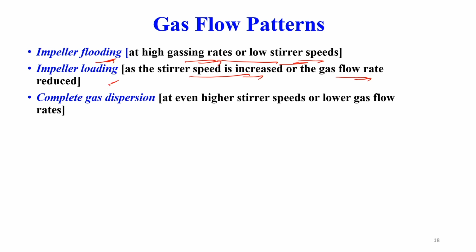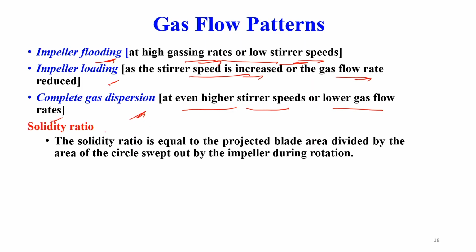It means sufficient gas is not available. At a higher stirrer speed with a sufficient gas flow rate, the stirrer speed is enough to disperse and retain the gas bubbles, and this results in complete gas dispersion. So there are three terms: impeller loading, impeller flooding, and complete gas dispersion, and they depend on the gas flow rate as well as the stirrer speed.